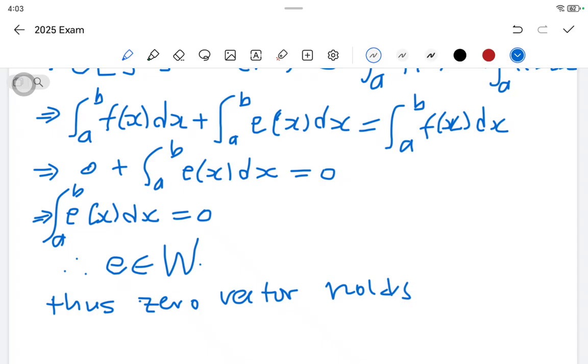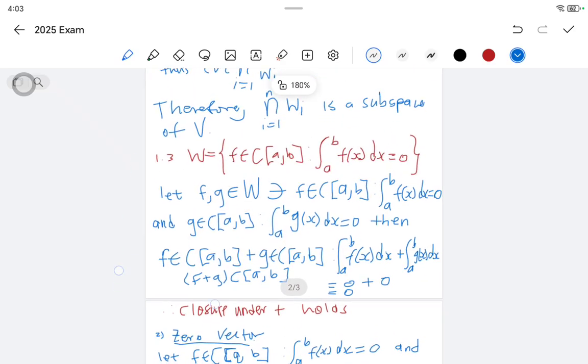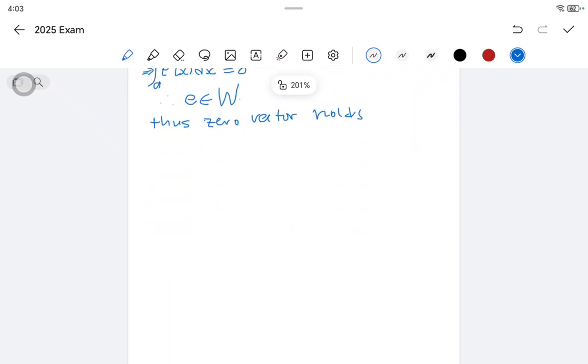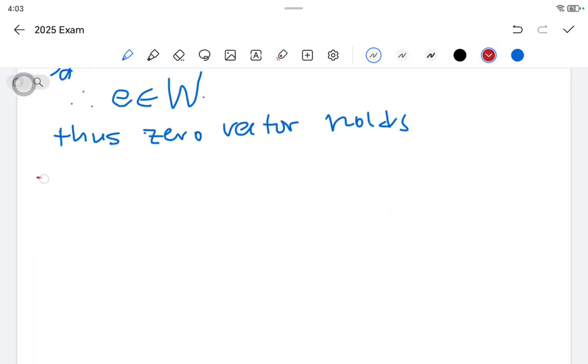As long as we got that this is equal to 0, its integral will be equal to 0. That means that the 0 vector holds. You see, right? Now, from here, we can check the scalar multiplication. I think the scalar multiplication is just going to be simple. We are going to say this.